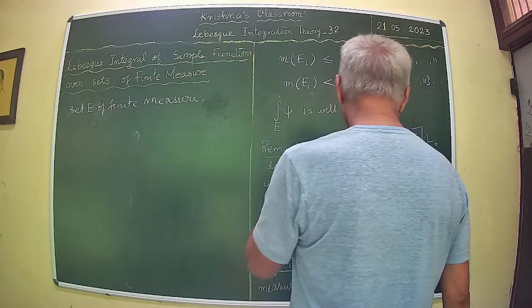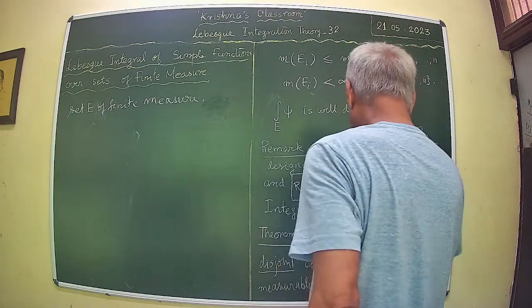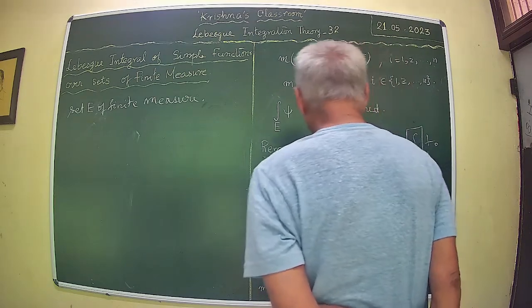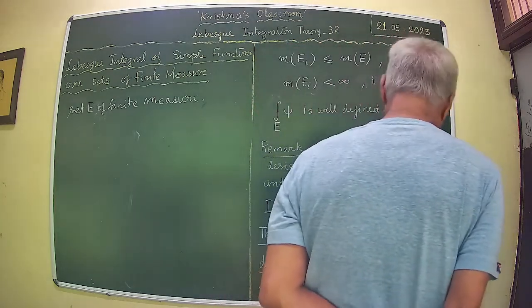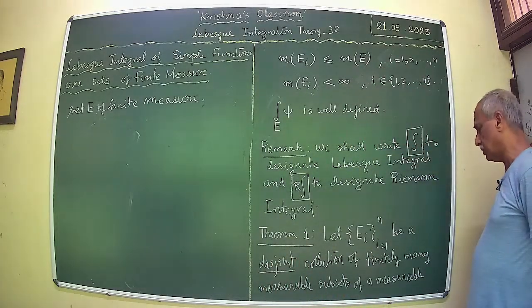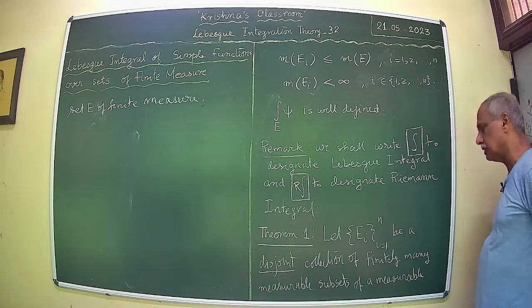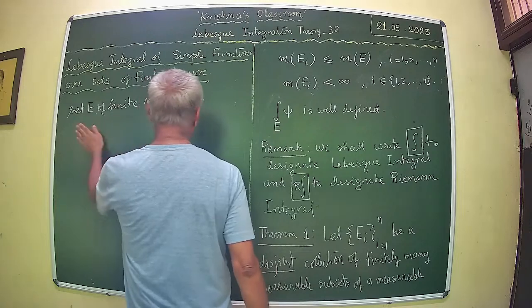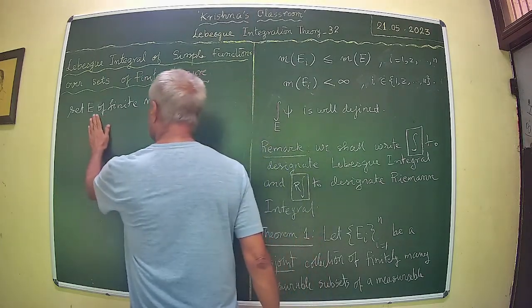Secondly, we take n measurable subsets E_1, E_2, etc., E_n as a disjoint collection of finitely many measurable subsets of E. Okay, so E_i intersection E_j is empty.